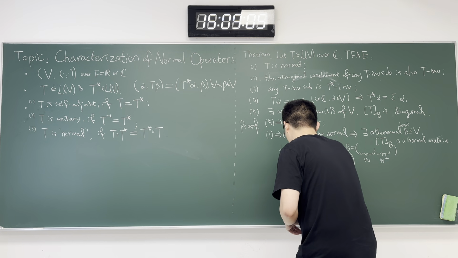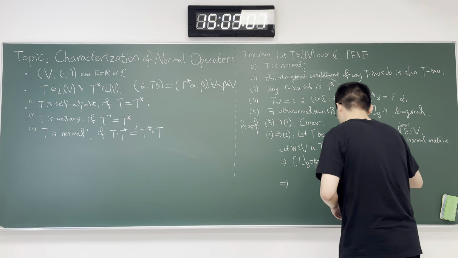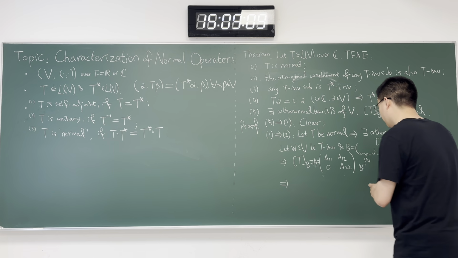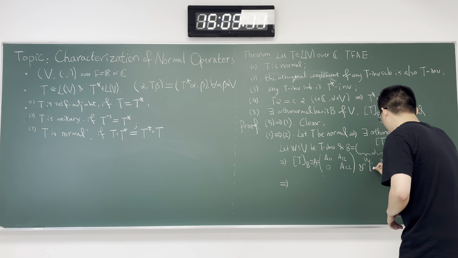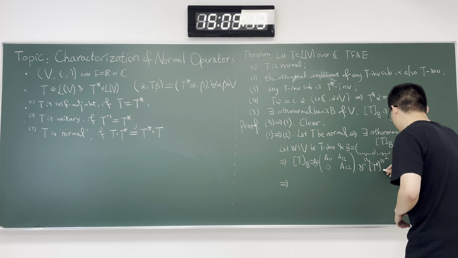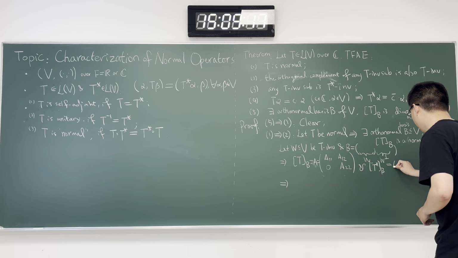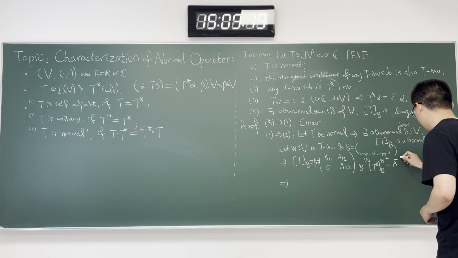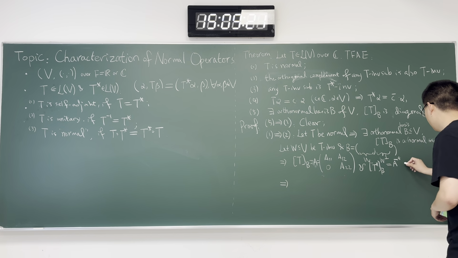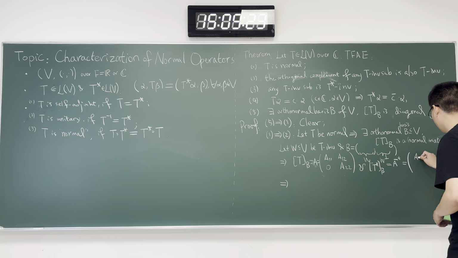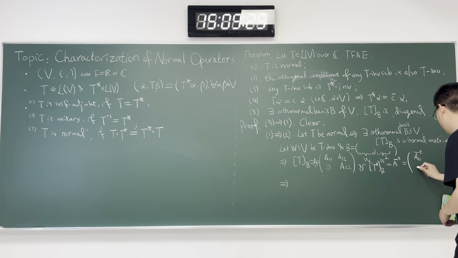We also know that under the same basis, T star has a matrix representation of A conjugate transpose, which is just A11 conjugate transpose, 0, A12 conjugate transpose, A22 conjugate transpose.